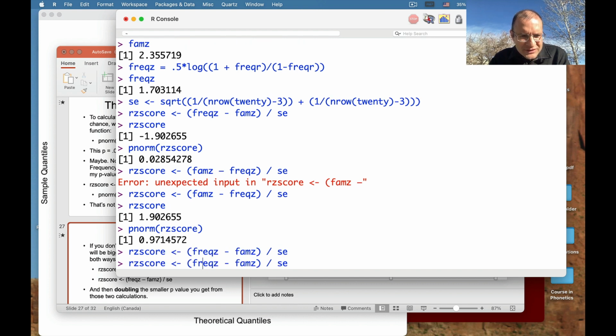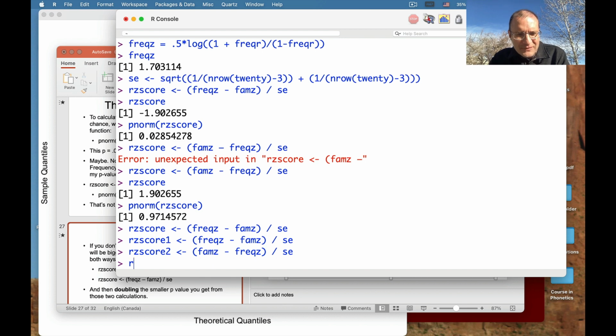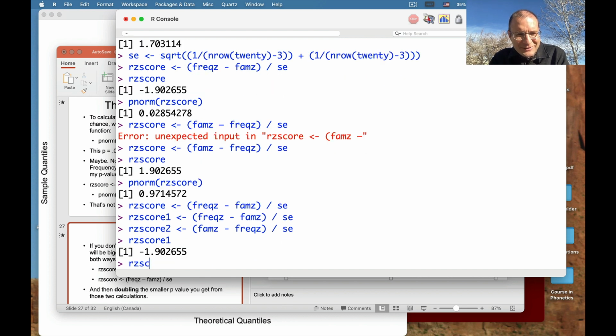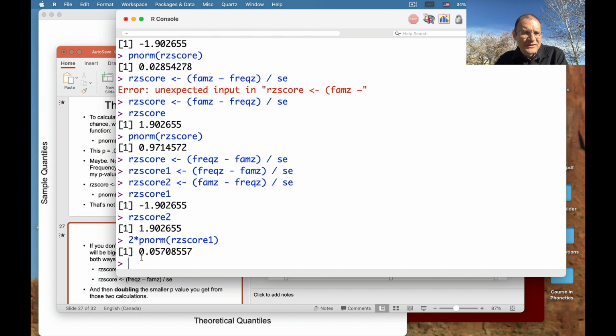I'll say this one is RZ score 1, and then I'll call this one RZ score 2, so that you can at least maintain both in your memory or your console for R. And you should take the one that's smaller, which in this case is negative 1.9, or another way to put it, more negative. And then you should double it. So take 2 times the p-norm of that RZ score, and that is the way you can run a two-sided test for this R to Z transformation.